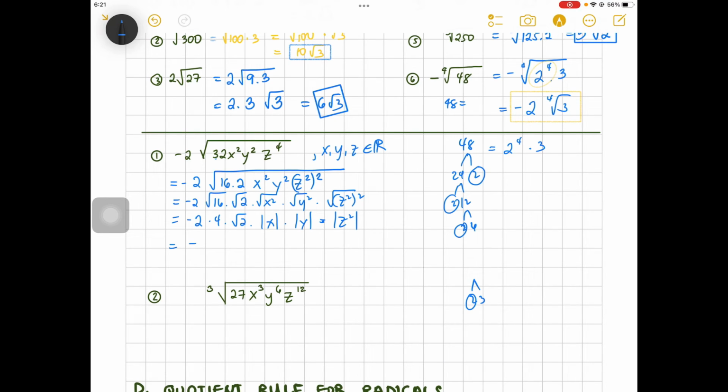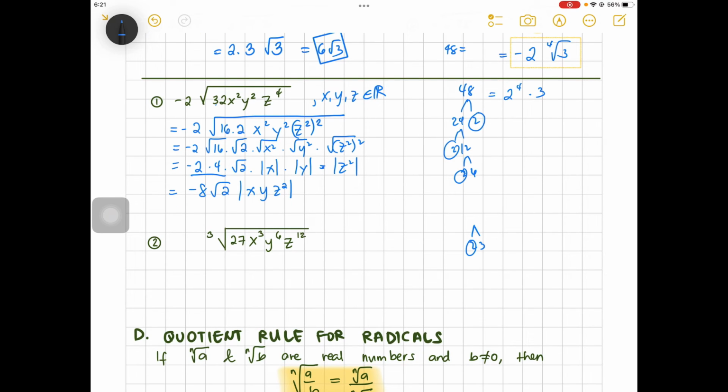So negative 8, simplify natin yan. Square root of 2, and then combine na lang natin yung mga absolute values na x, y, z squared absolute value.